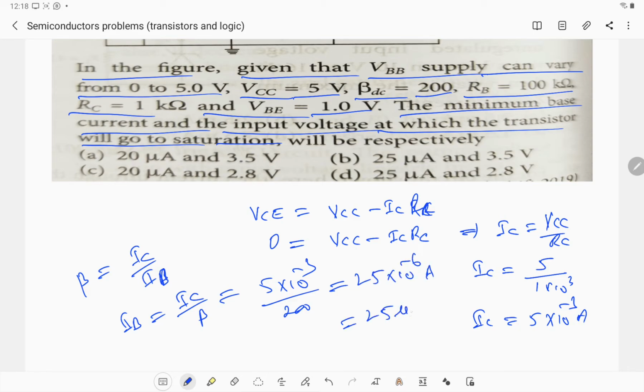This becomes 25 microamperes, and the minimum base current is 25 microamperes.